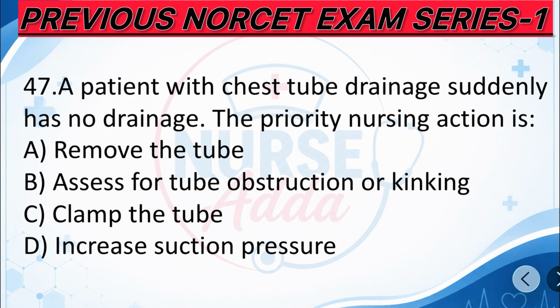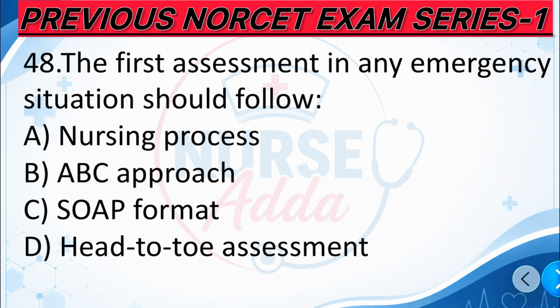A patient with chest tube drainage suddenly has no drainage. The priority nursing action is remove the tube, assess for tube obstruction or kinking, clamp the tube, increase the suction pressure. The right answer is option B, assess for tube obstruction or kinking.